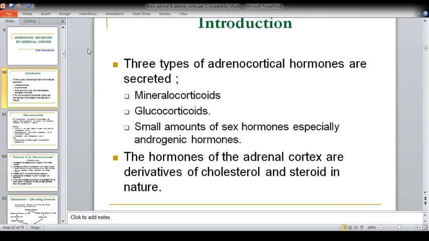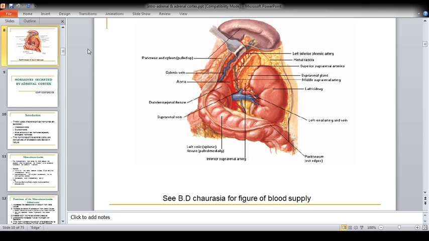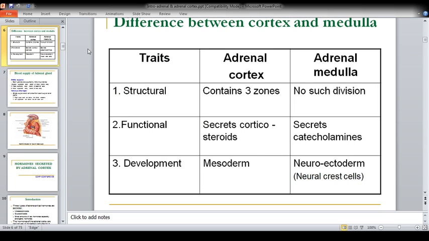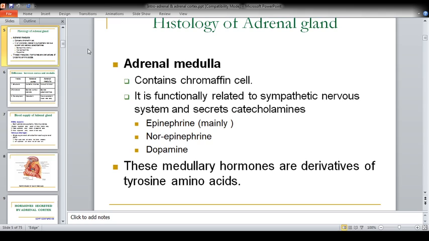The hormones of the adrenal cortex are derivatives of cholesterol and are steroid in nature. So remember this, the adrenocortical hormones are steroids in nature, whereas the adrenal medulla's hormones are derived from the amino acid tyrosine. So remember this.